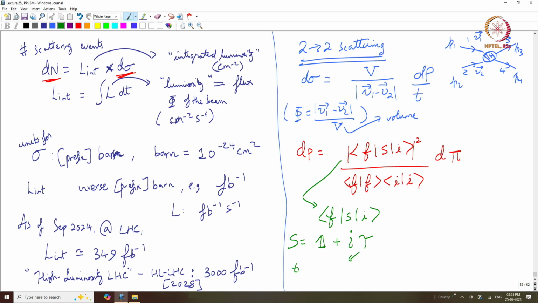And this is called the transfer matrix. I think people also call it the transition matrix, but basically it captures the transition amplitude. Correct? So I is the initial state, you have to go to some final state, and there is a transition amplitude that is captured by the S matrix, right? In fact, we can define the S matrix in this certain way. This is in the Heisenberg picture.